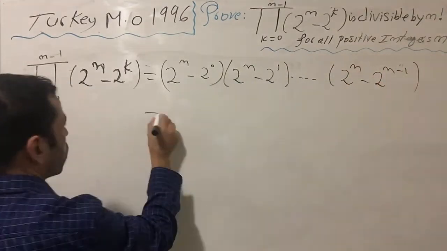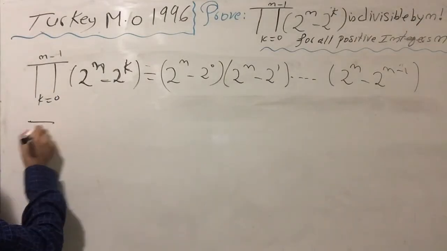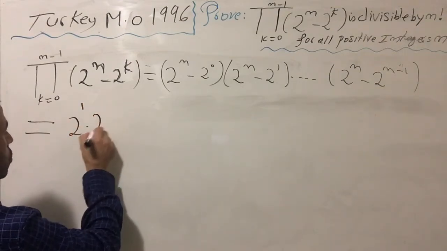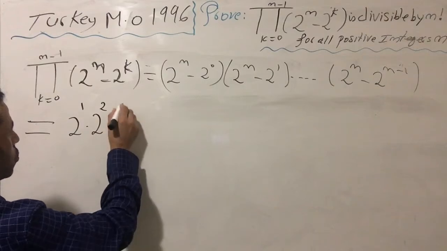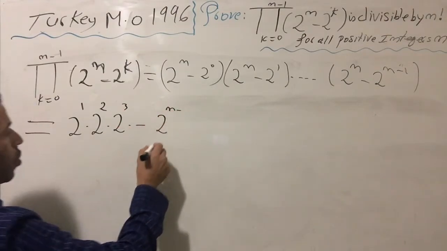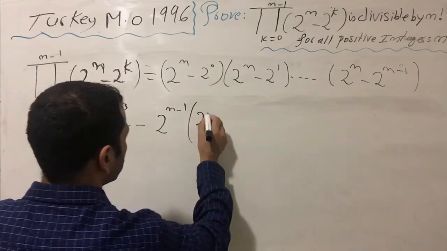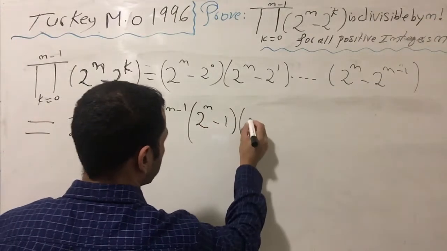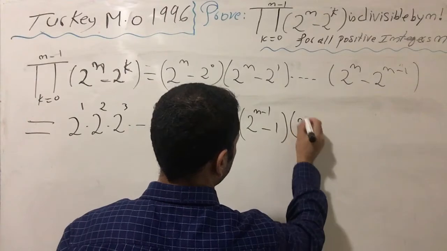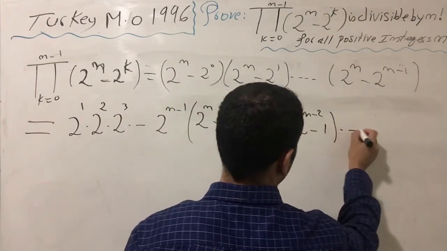What I'm trying to do now, so this product is equal to 2 multiplied by 1, 2 to the 2, 2 to the 3, and all the way down to 2 to the n minus 1, 2 to the n minus 2 minus 1, and all the way down.